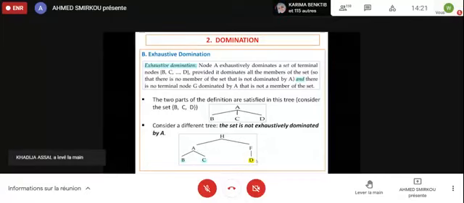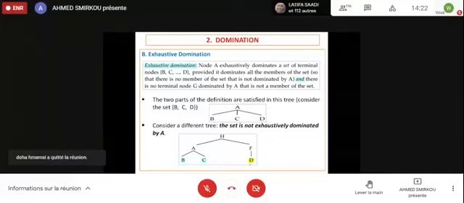In B, C, D, the problem is that one member of the set, which is D, is not dominated by A. So this is a violation of the first part of the definition, which says, provided A dominates all the members of the set, which means all the members of the set we are talking about must have the same mother, must be dominated by the same node.